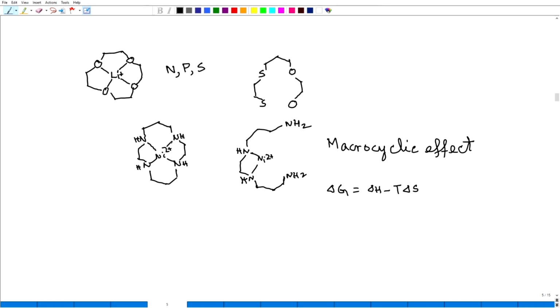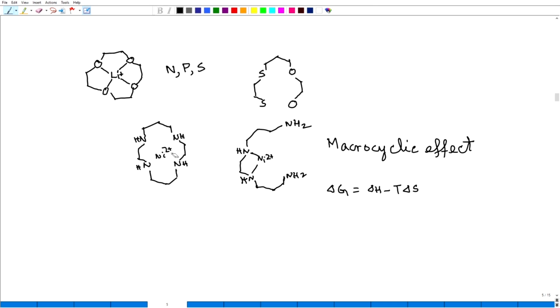I have to cut all 4 together. I have to cut this, this, this and this. Then only nickel 2 plus will come out of there. So, that is kinetic. So, both thermodynamically and kinetically it is favored over the open chain compound, and that is called the macrocyclic effect.